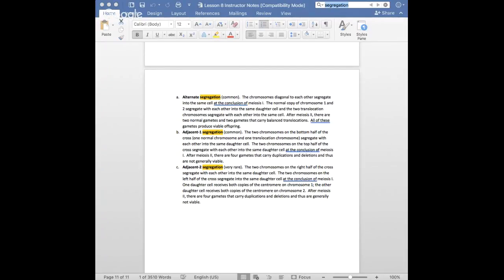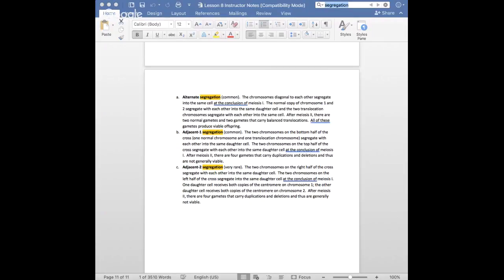And then for the adjacent 1 segregation, the allele composition for that, we're going to have one daughter cell with the chromosome 4, which is the DEFP centromere QRST, with chromosome 1, DEFGH centromere IJKL. And then in the other daughter cell, it's going to have chromosome 3 and chromosome 2.